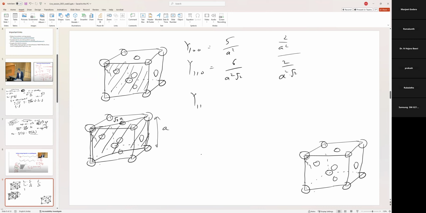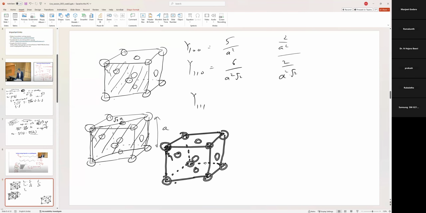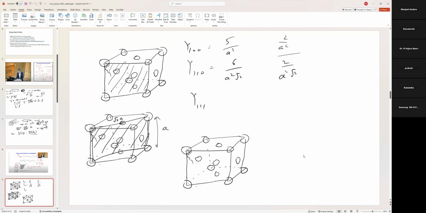And finally, we have the 111 plane. This one is a bit more tricky to see. It cuts the x-axis at 1, y at 1, and z at 1. If your origin is here, this is the plane.